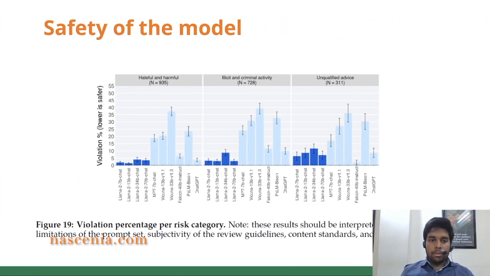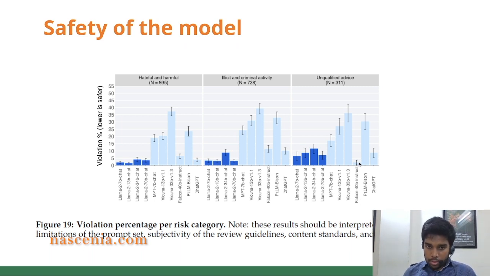If you look at this slide, what you will see is that LLaMa 2 is less violating in terms of hateful and harmful crimes, illicit criminal activity, and unqualified advice compared to all the other models present in this slide, where ChatGPT, Falcon, and PaLM fall behind LLaMa 2.